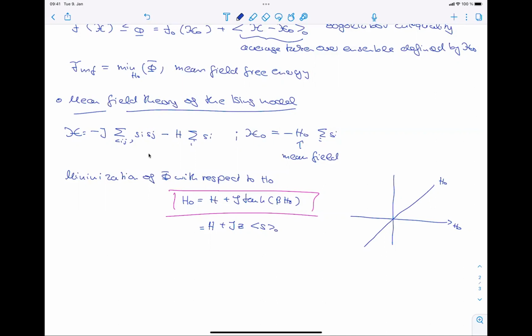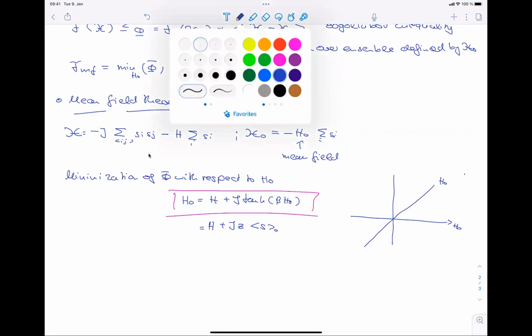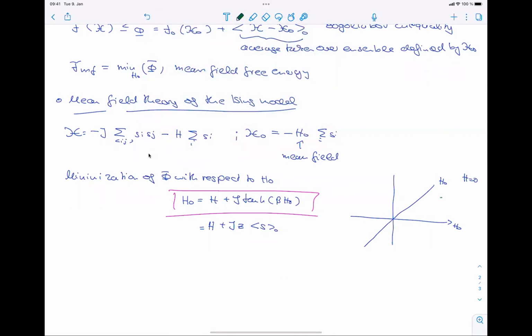And then if I plot this function, and this is actually for H equals 0, I can have tangents, where I find that there are all of a sudden 3 solutions. And so I have a spontaneous mean field magnetization at a temperature below a critical temperature.